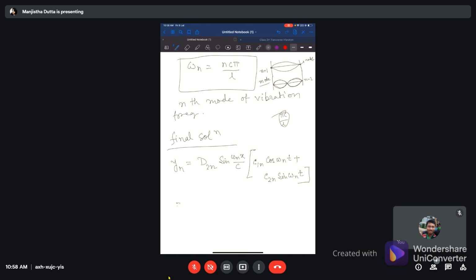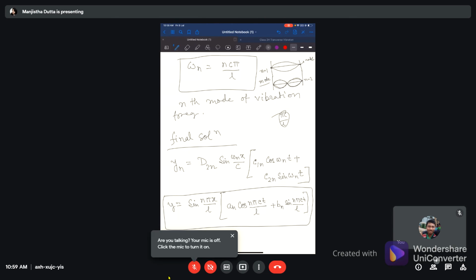So it is sine n pi x by L. Obviously, I have put the value of omega n over here, and then it is a n cos n pi ct by L plus b n sine n pi ct by L. Okay, so this is our y, and this is kind of our general solution, but we can again simplify this, and just take this an is equal to some cn cos theta, and then bn is equal to cn sine theta.